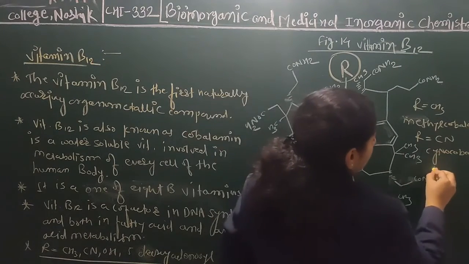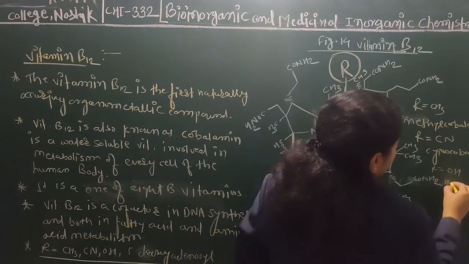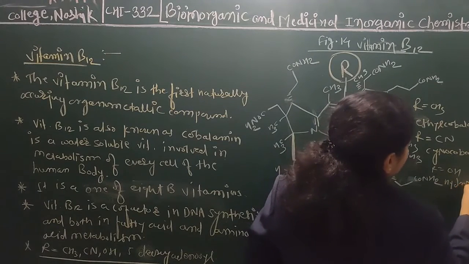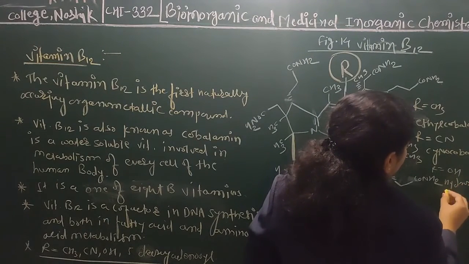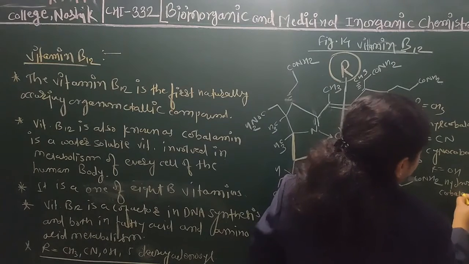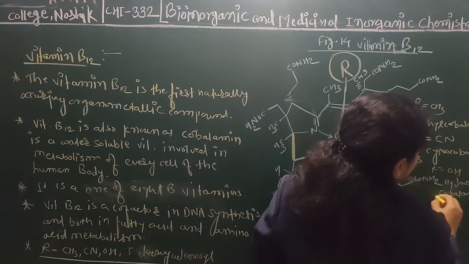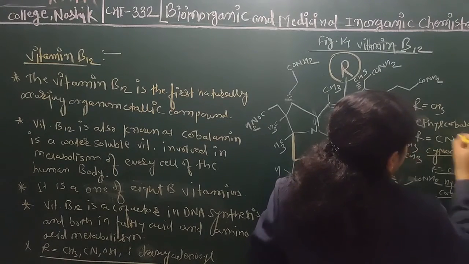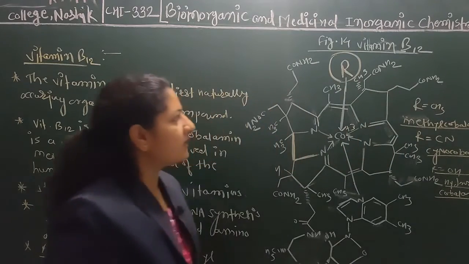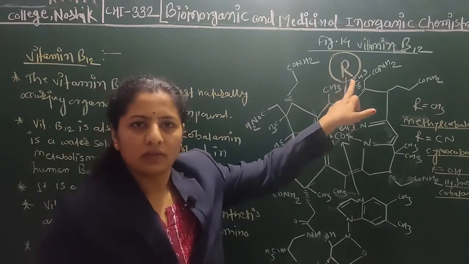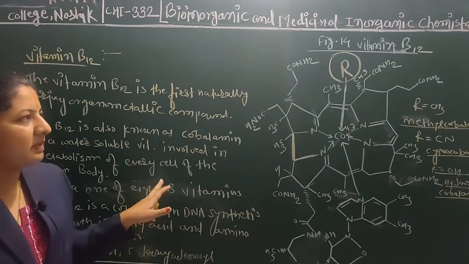If R is OH, then it is hydroxocobalamin. So this is the nomenclature according to which group is present at position R.